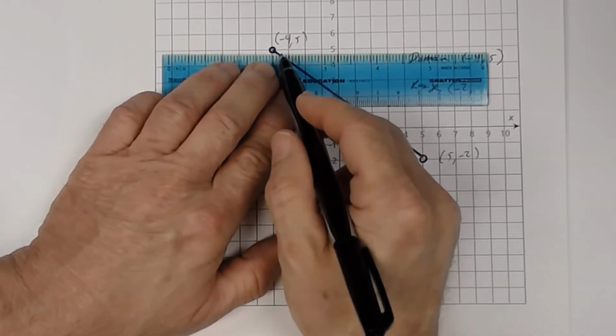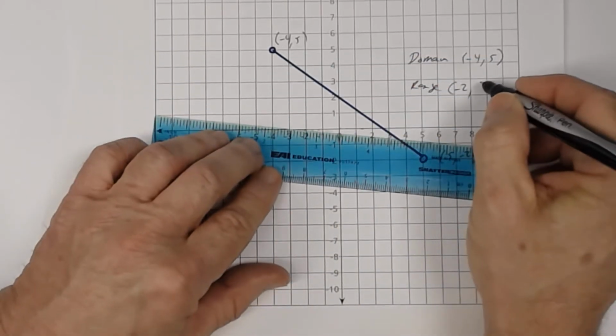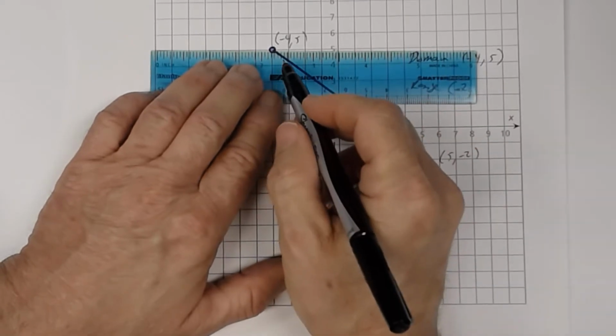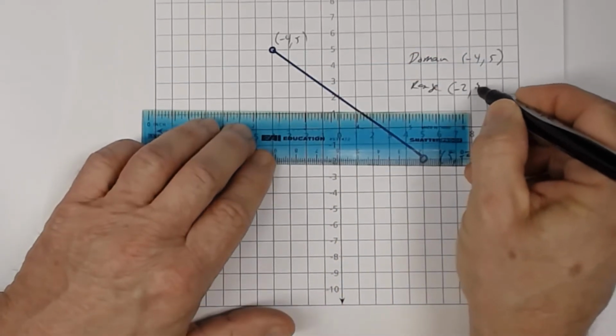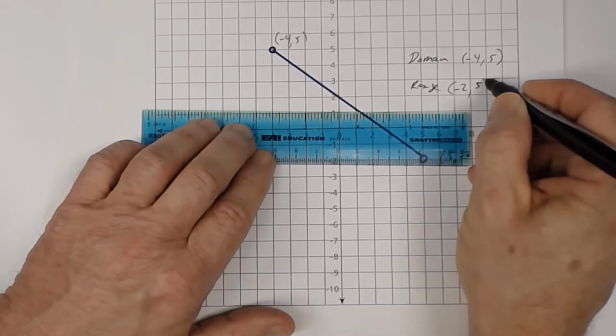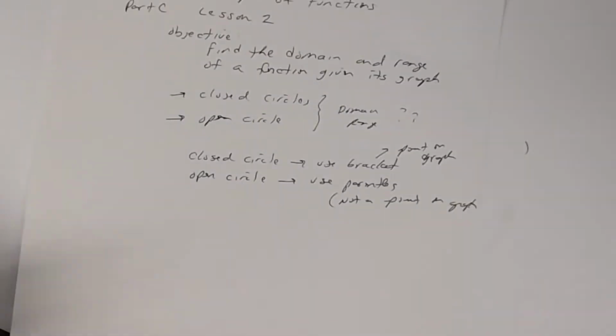That's your highest y value. Well, up to 5, but not including 5. So like 4.99999 is actually in the range, but 5 is not. So you got to put a parentheses. All right? Okay.